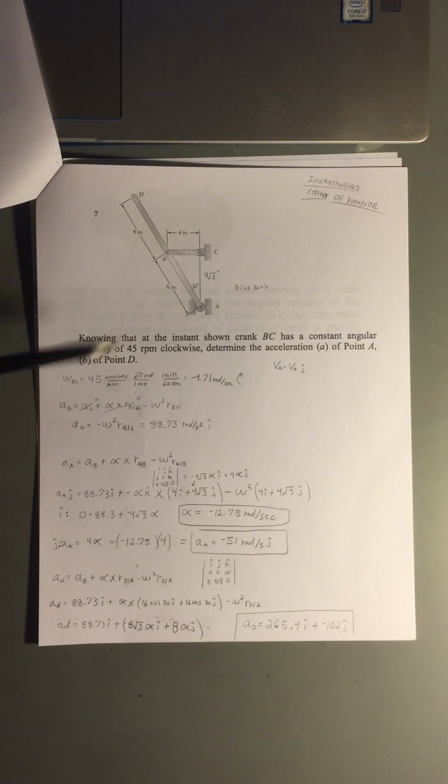And then from there, I decided to go down this way and try to find the acceleration of point A, which was the first thing the problem wanted us to find. And so I rewrote this general plane equation for acceleration in terms of points A and B. And now we have the acceleration of B, so we can plug that in.